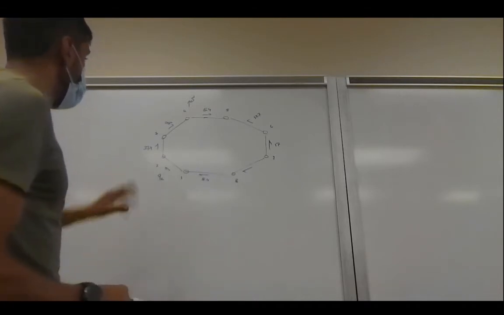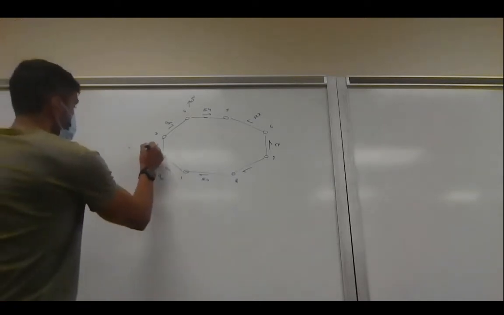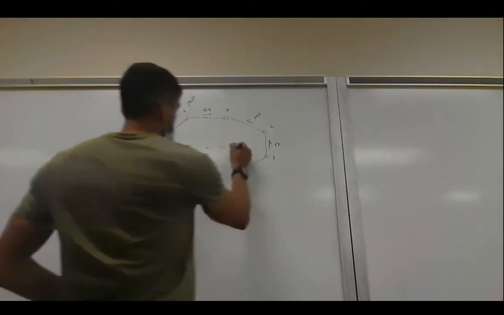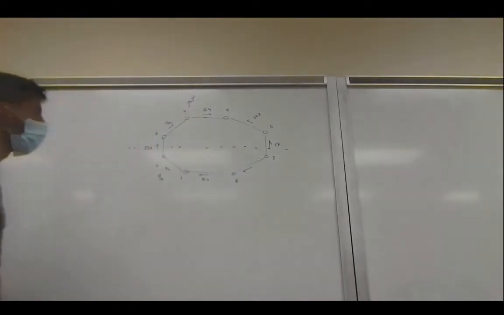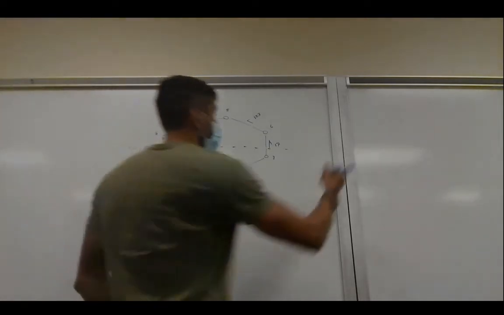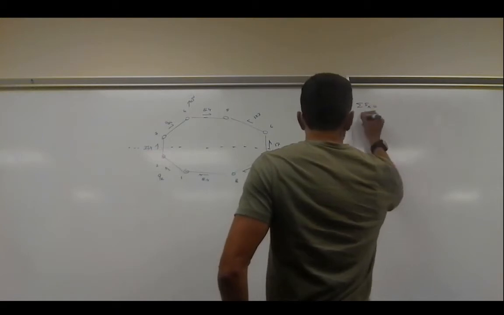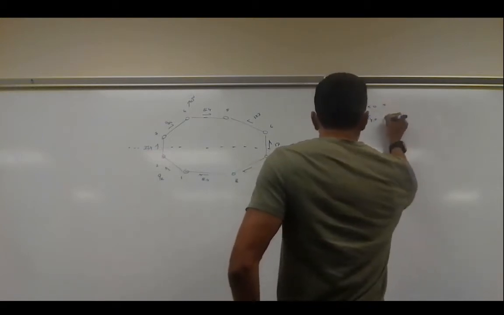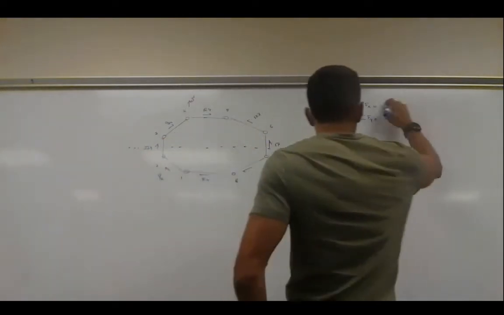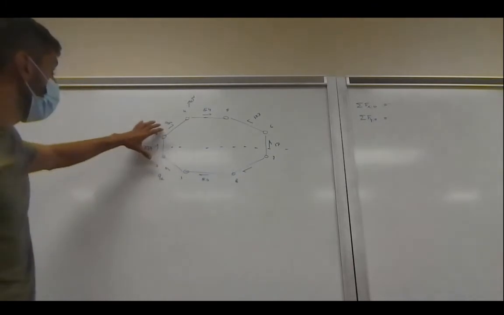So what do we notice from this problem? First of all, we know it's symmetric, right? So what we know is, if we do an equilibrium of forces in X and Y, it's equal to 0, and equilibrium of forces in Y is equal to S. So all the forces in the X direction must be equal to 0.